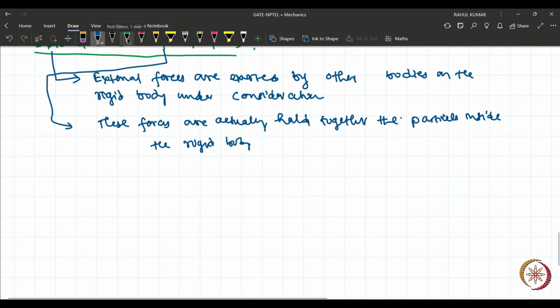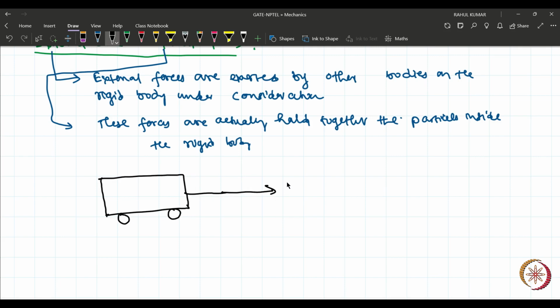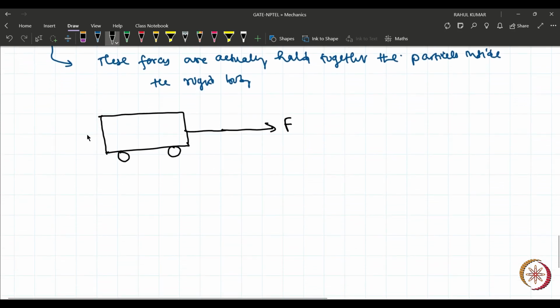Suppose I take one example. Suppose you have a truck and there is a string and you are applying a force F. And suppose there is a cart here.